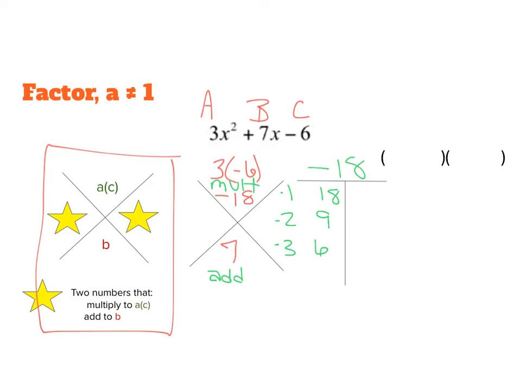So now I want to look for the combination that's going to add up to a 7. And I see that 9 and negative 2 will give me that positive 7. So now I'm going to go ahead and write these numbers, negative 2 and 9, in the other two sides of this X. Now next to these, I want you to put an X.